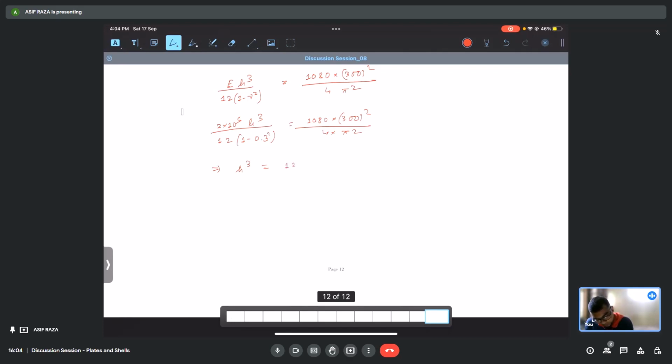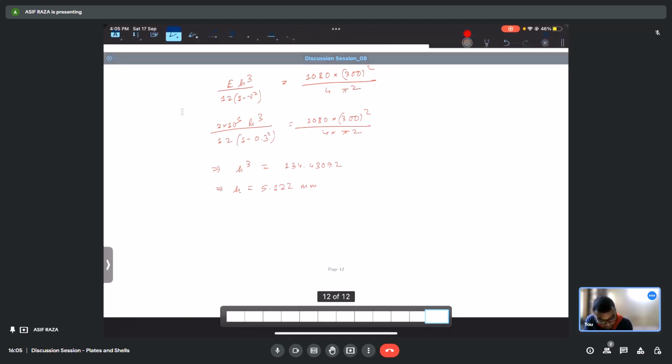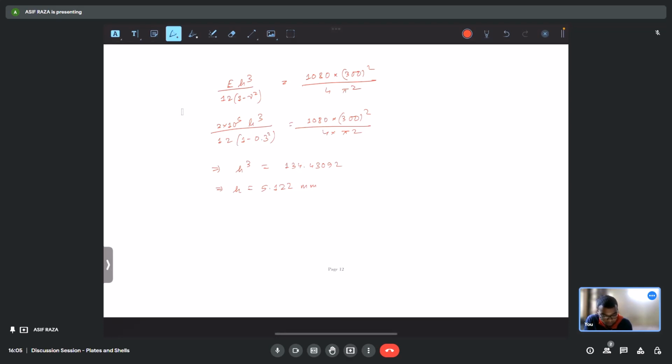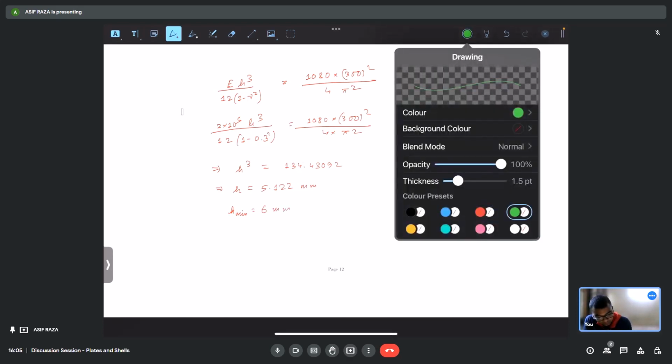This is equal to 134.4392. So simplifying, we'll get h value as 5.122 mm. So rounding off to nearest integer, the minimum thickness should be greater than 5.122, so h minimum would be equal to 6 mm. So this would be my answer.